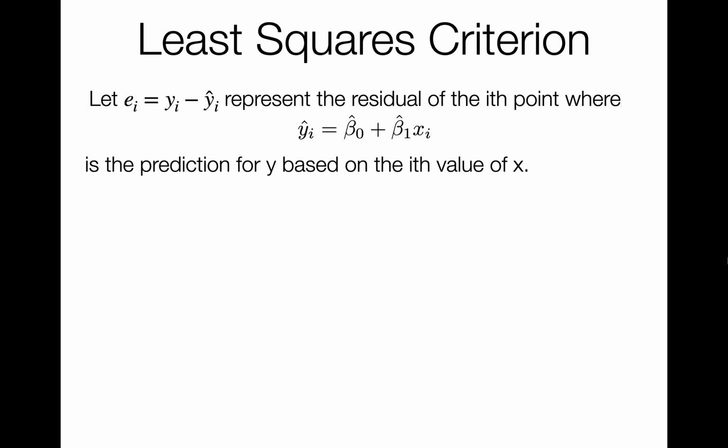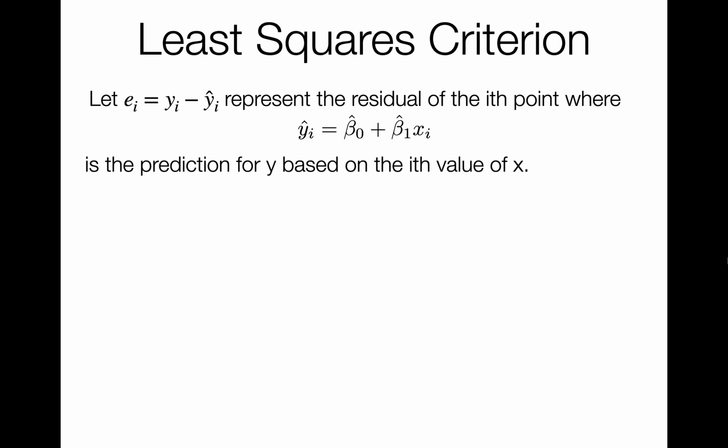I don't know what they are, so I'm going to estimate them using the data somehow, which we haven't found out how yet, but we're going to do it. And when I estimate them from the data, they get a hat. In statistics, anything that's estimated gets a hat because it's a predicted value. All predicted values get hats on them.